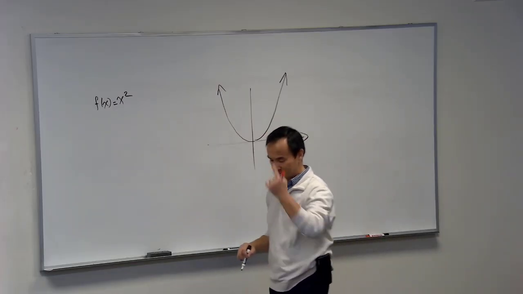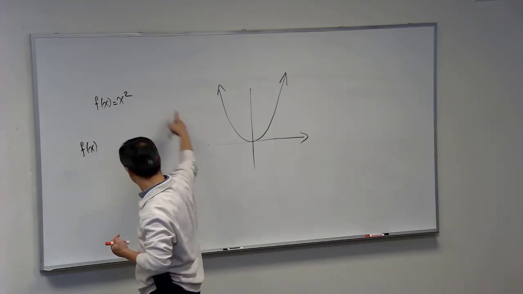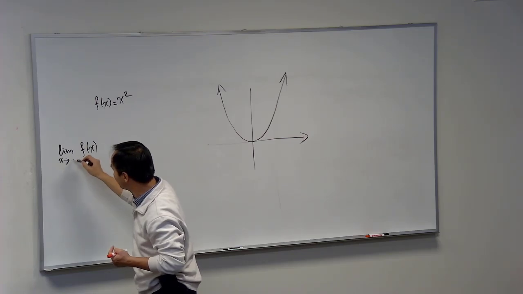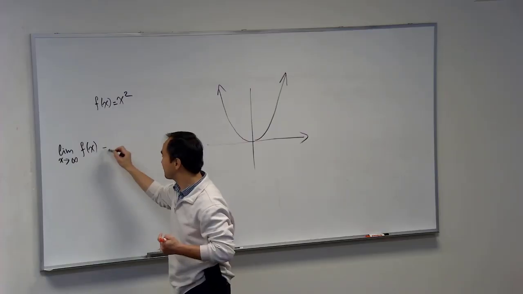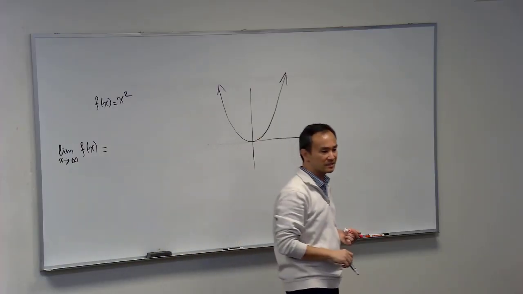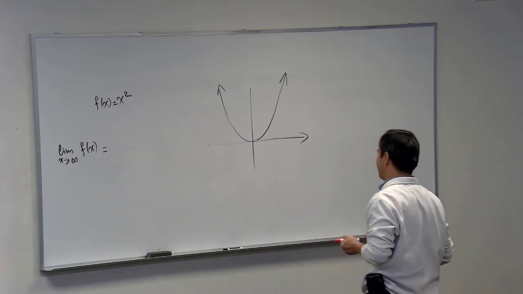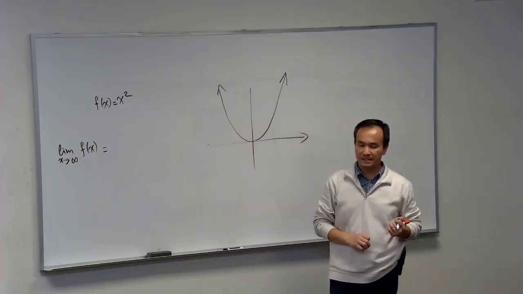Again, I want to find the limits of this function f of x with the graph right here, but I want to find the limit as we let x approach positive infinity. That's the formal notation, the formal symbol for that.